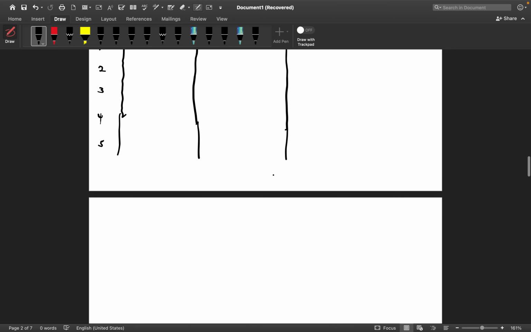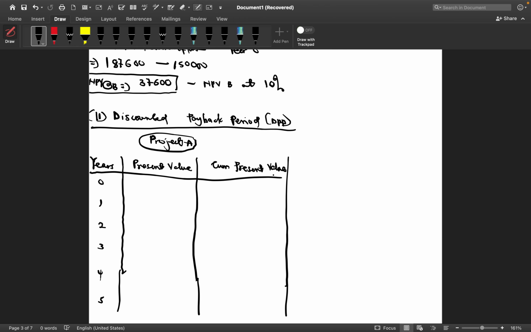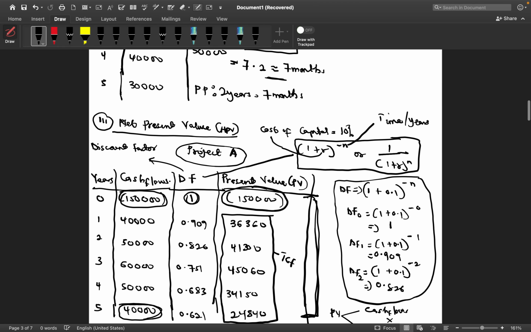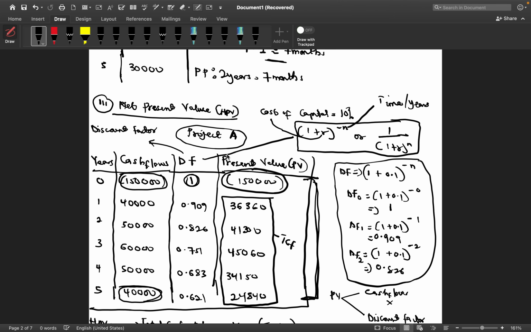So now let's go to the discounted payback period. With the present value, the initial one was still 150,000. Year one was 36,360. Remember, I'm picking the present values from the right part of the question, because I'm doing project A.